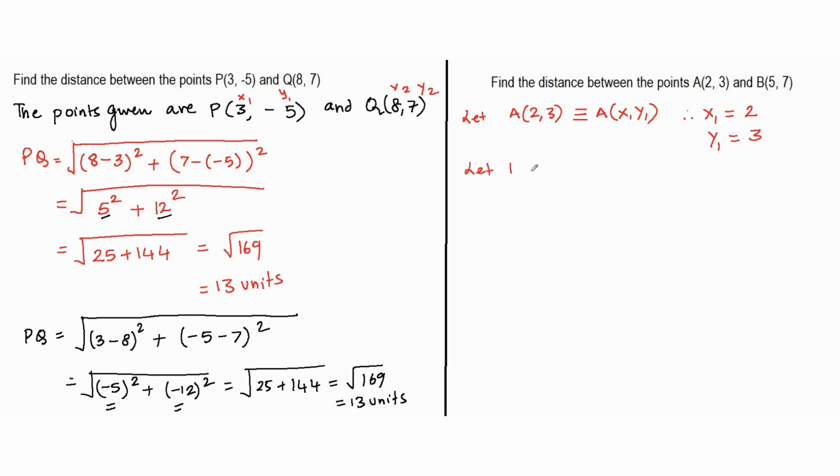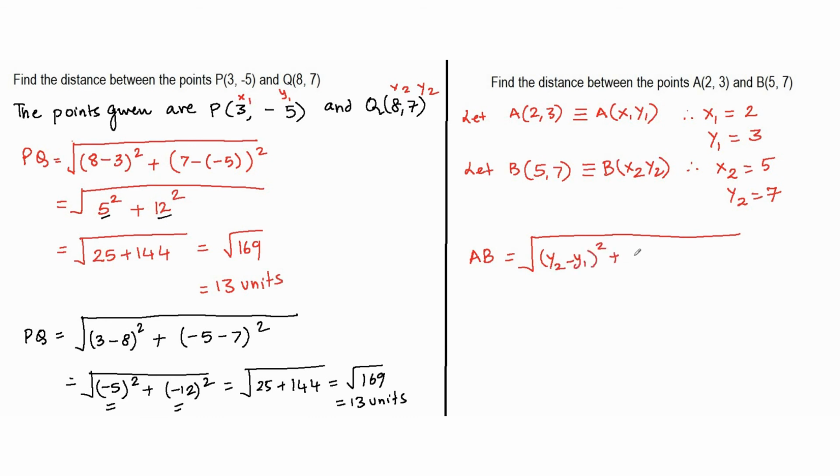Similarly, let B of 5, 7 be equivalent to B of x2, y2, and therefore x2 is equal to 5 and y2 is equal to 7, and the distance between A and B is going to be AB is under root of y2 minus y1 the whole square plus x2 minus x1 the whole square, and that is under root of y2 minus y1 is 7 minus 3 the whole square plus 5 minus 2 the whole square.